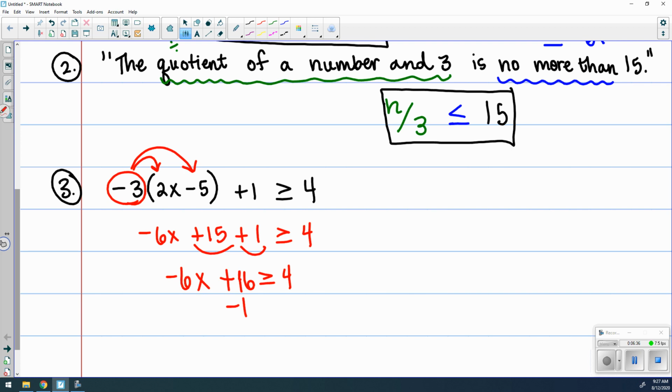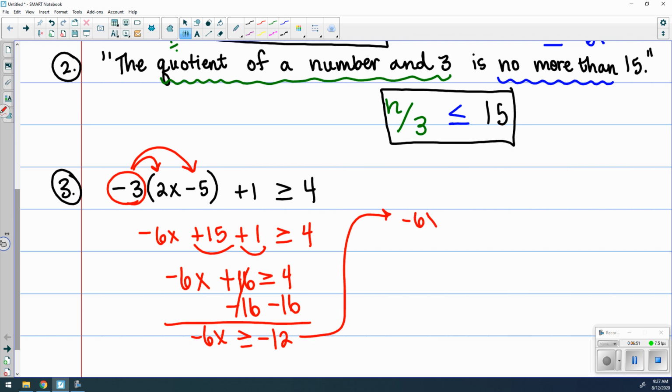Now I'm going to move this constant, get my letter by itself to -6x. It's greater than or equal to -12. All right, I'm going to draw a little arrow. Stay with me here. -6x is greater than or equal to -12. So inverse operations. What undoes multiplication? Division.